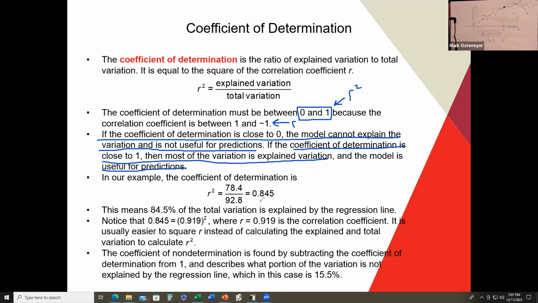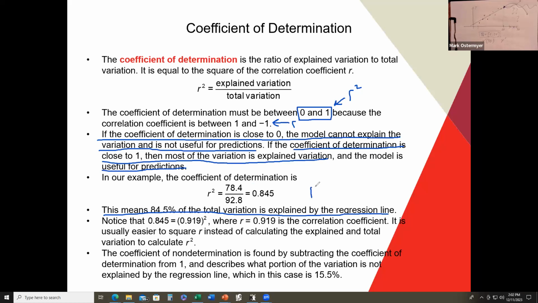So if you have a coefficient of determination of 0.845, we would say that about 84.5% of the total variation is explained by the regression line. And about 15% is not explained by the regression line.